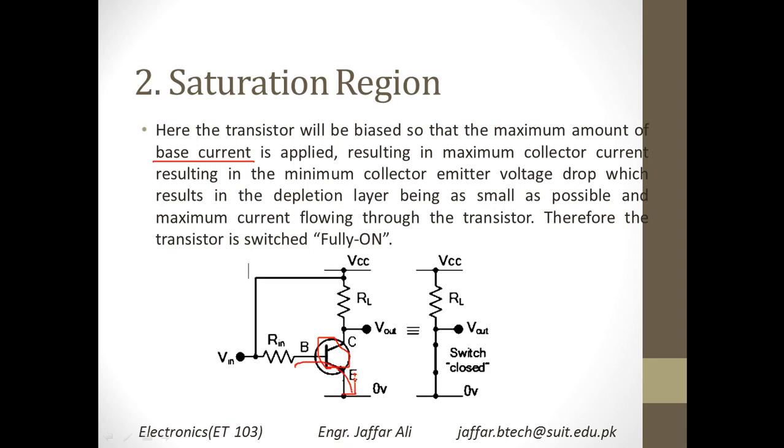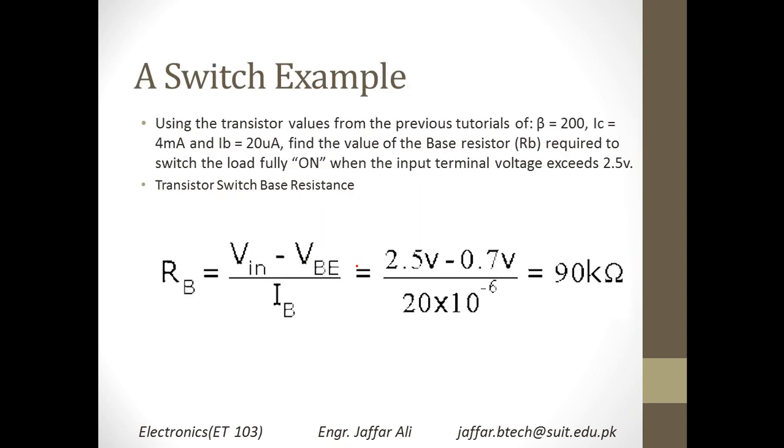Similarly, if the maximum current flows this way, more current will be coming in this direction, and we have discussed in the previous class how this actually works. So using this methodology, you can achieve the saturation region.